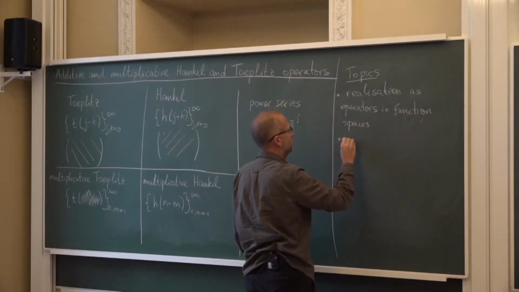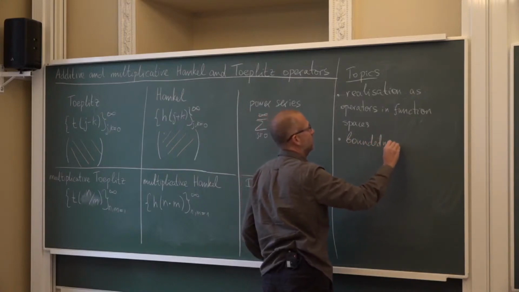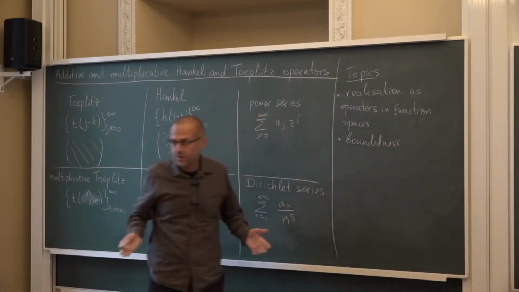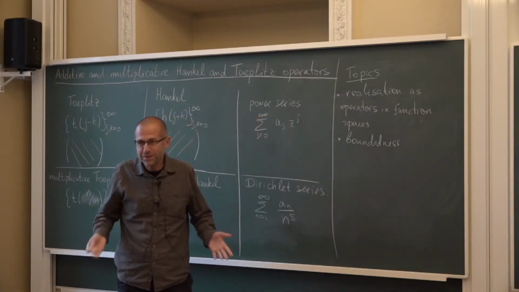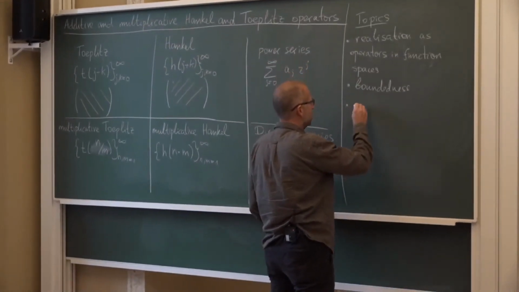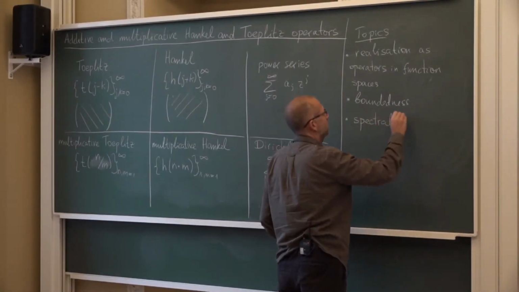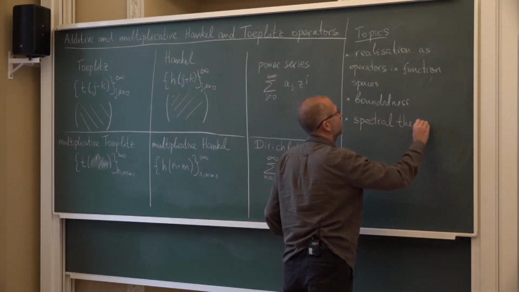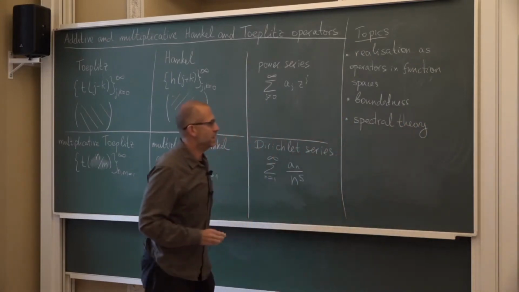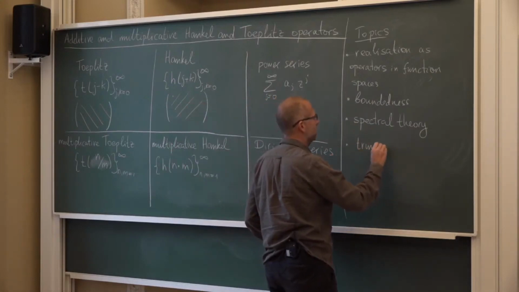I will talk a little bit about boundedness. When you see a new class of operators, one of the first questions you ask is whether it is bounded. Then I will talk about some beginnings of spectral theory, some very basics, and maybe, if I have time, a little bit about truncations.